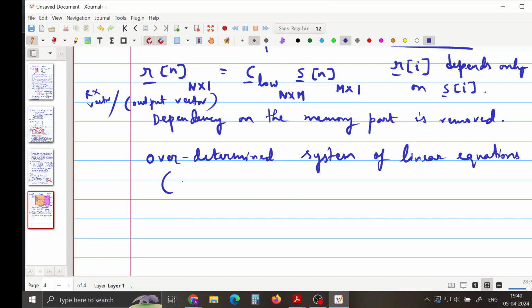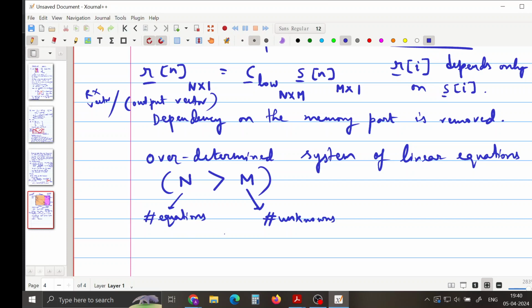Here you have capital N greater than capital M. Capital N is the number of equations, corresponding to the rows of the received vector, and capital M is my number of unknowns, which is the number of originally transmitted symbols.